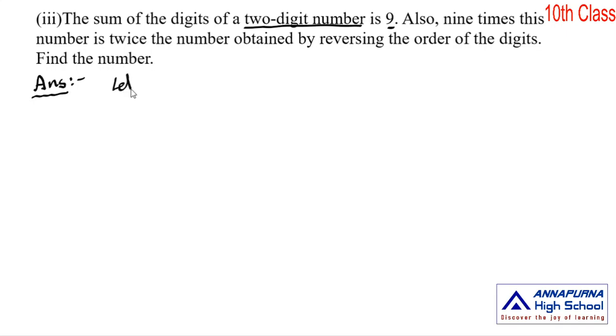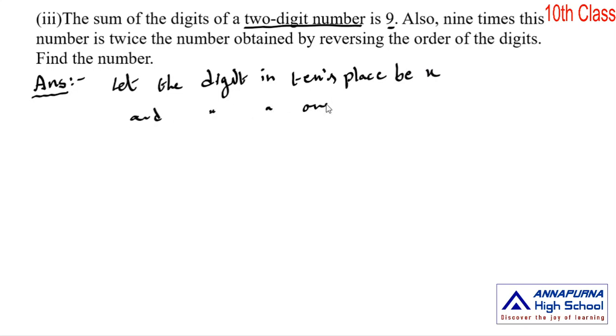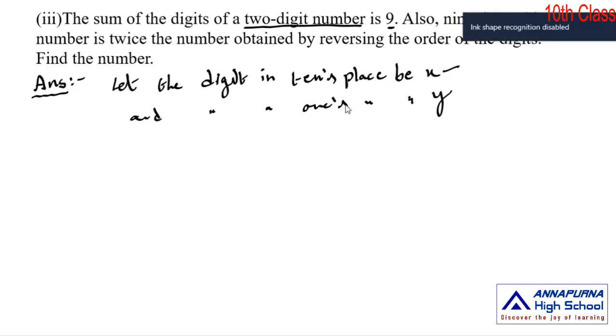Let the digit in the tens place be x and the digit in the ones place be y. Okay, here in the two-digit number, x is in the tens place and y is in the ones place.